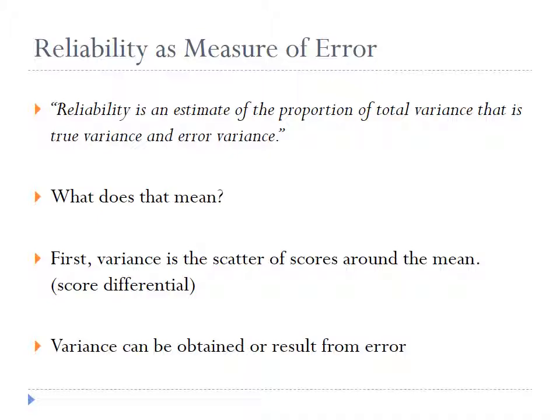So we know that scores will vary. And we're trying to determine how much of that variance is related to some type of measurement error, whether it be something with the administration of the test, the construction of the test, or the mindset of the individual going into the test.